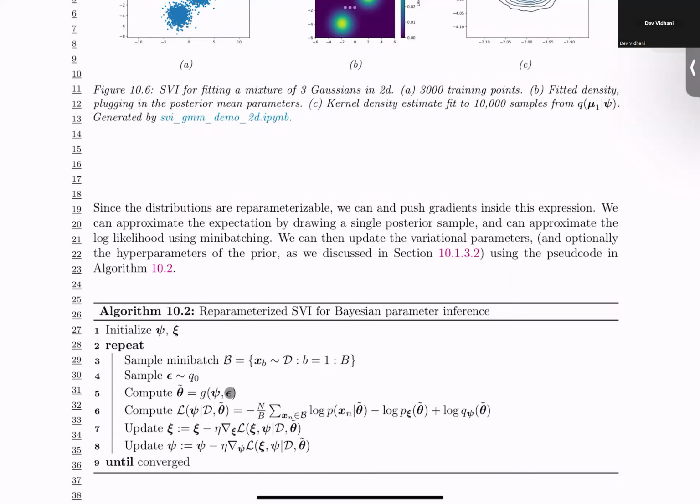That's right. And then they continue to update the different parameters of your original model. In this case, the point estimates are your parameters essentially, and then find the parameters themselves based on that.